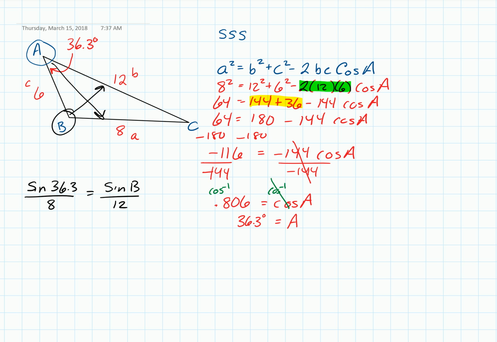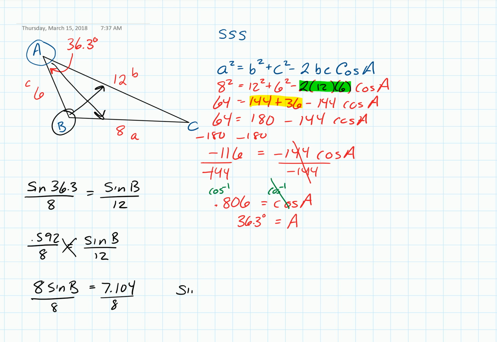From here, we can quickly find the sine of 36.3 is 0.592. So 0.592 over 8 equals the sine of B over 12. We can cross multiply, and so we'll have 8 sine of B equals 12 times 0.592, which is 7.104. We'll divide by 8.